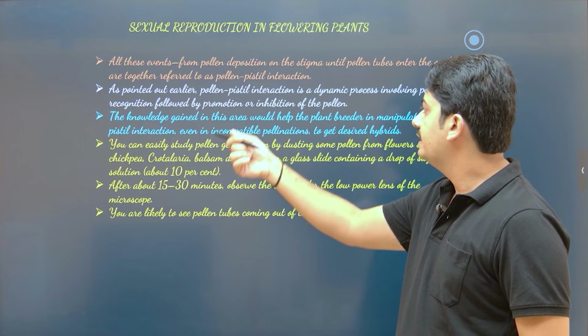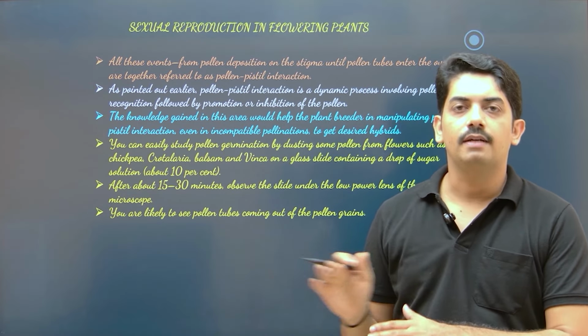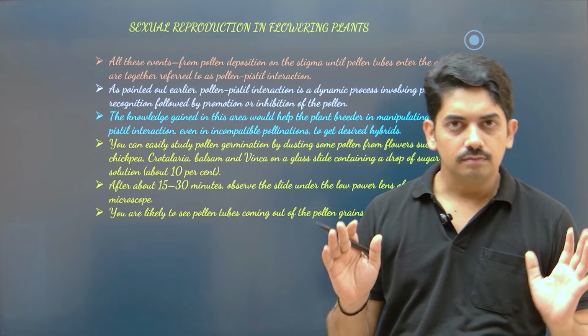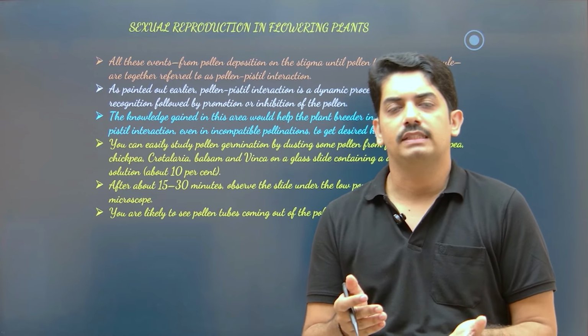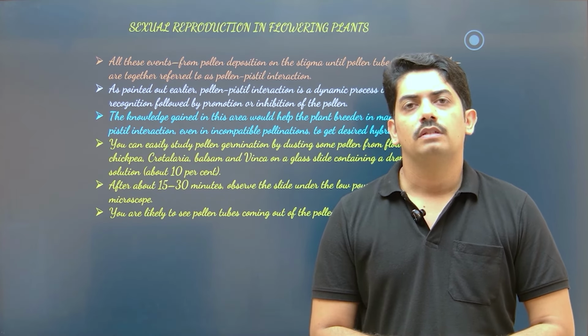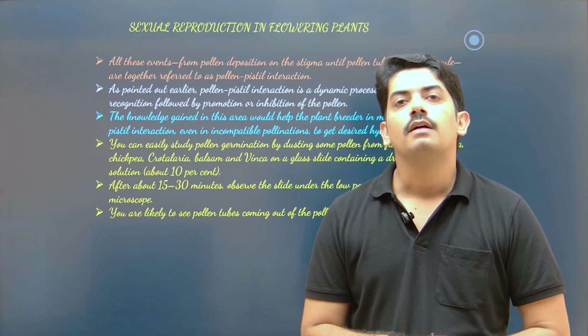See, one of the experiments which we perform in the laboratory is given here. Take pollen grains from different plants or any one plant, say for example Impatiens balsamina, or any of the nearby plants. You take pollen grains like hibiscus.